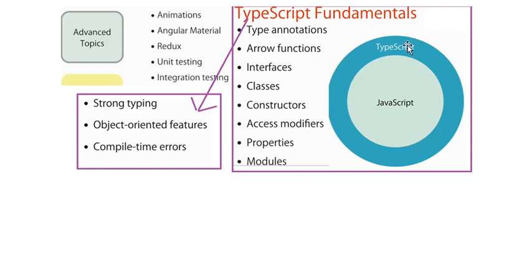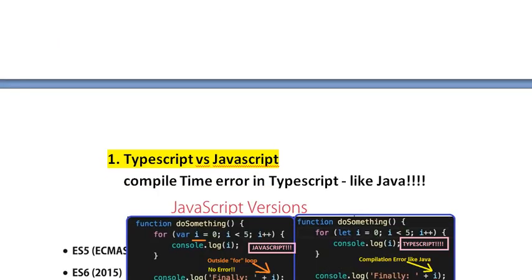It will save your time. Also Java basic features and Java 8 features like lambda expressions are there, as well as the arrow notation. So strong typing and compile time errors are advanced features of TypeScript.